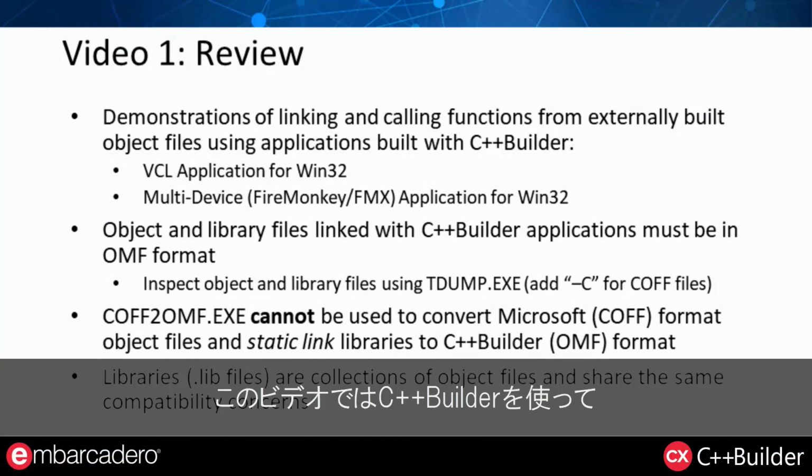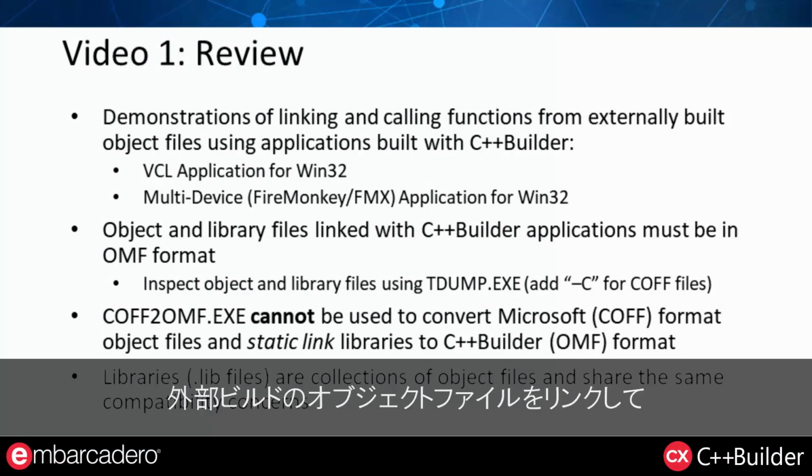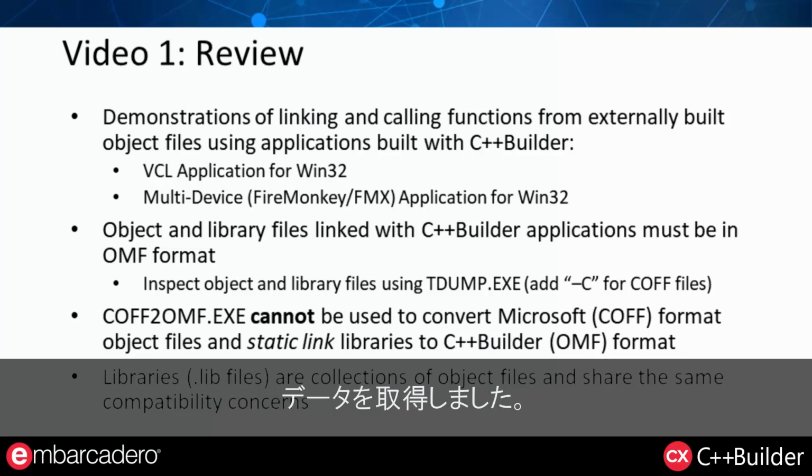Reviewing what we went over in this video, we created applications in C++ Builder which linked with and pulled data from externally built object files. We did this with a VCL application for Win32, as well as a multi-device application using the FireMonkey framework, also for Win32.